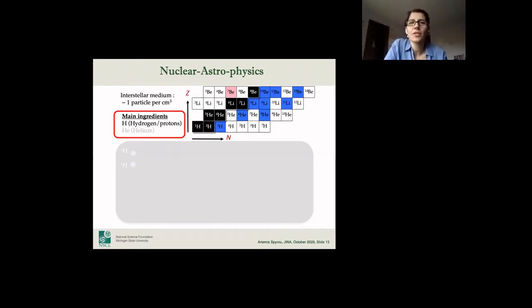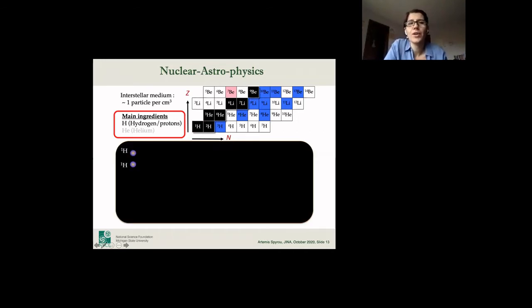So in this assumption, let's say we are in an environment where you only have hydrogen. And so there are my two hydrogens, basically just two protons flying around in the environment. You can imagine that the easiest thing to do is having those two protons fuse together, and you would make a helium-2. So a nucleus with two protons and nothing else is called helium-2.